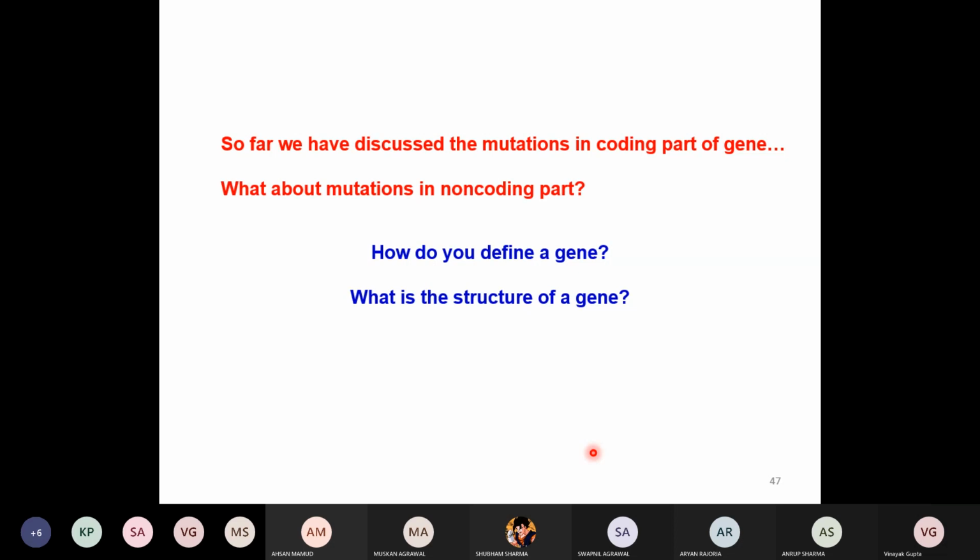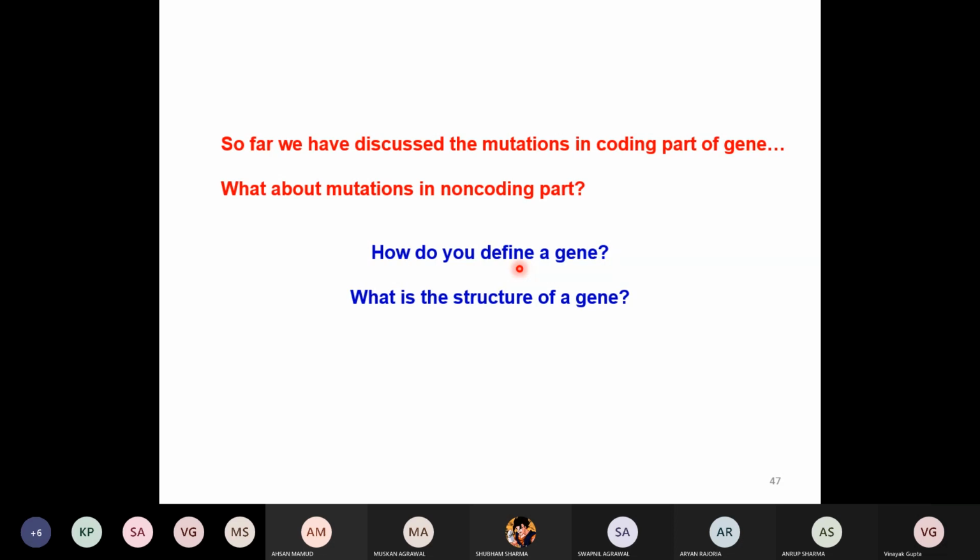Next, so far in the mutation, we have discussed the mutation in the coding part of the gene. So what about the mutations which are happening in the non-coding part? To understand what we mean by coding part and non-coding part, we should define the gene and look at the structure of a gene. What is the structure of a gene?